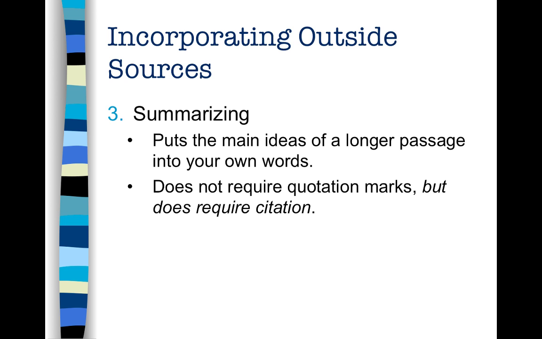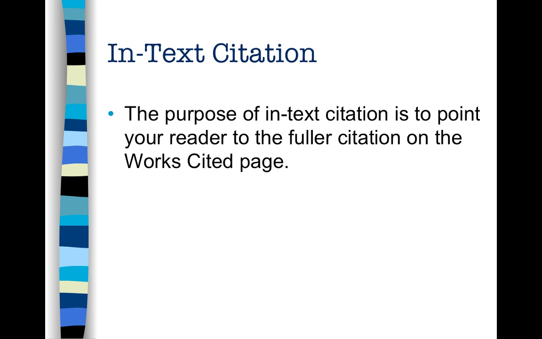You're summarizing for them. And really the main thing to take away here is you want to cite, cite, cite, cite. All right? Everything that you didn't think of yourself or is not common knowledge requires a citation. You've got to let your reader know that you got it someplace else.